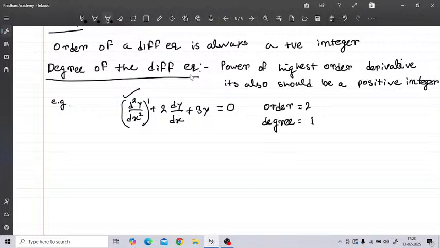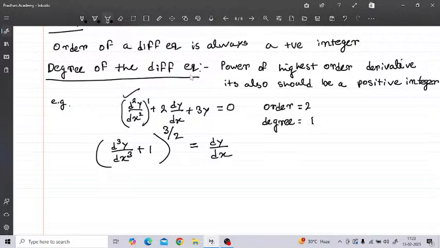Let's consider another example. Suppose here (d3y/dx3) to the power 3/2 is equals to dy/dx. Now if I ask you about the order of this differential equation, you can clearly see that the highest order derivative present here is 3.